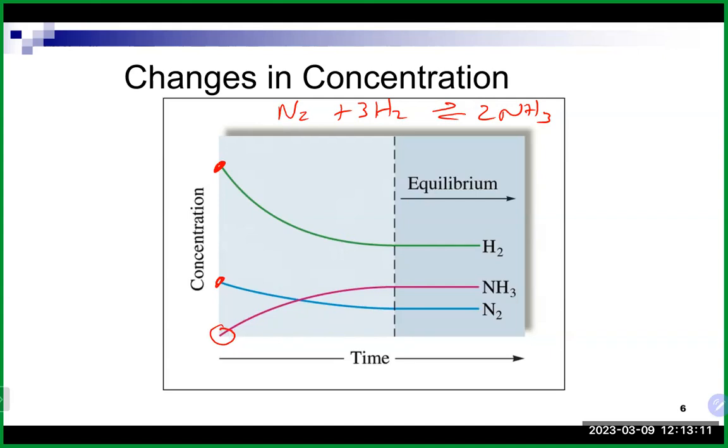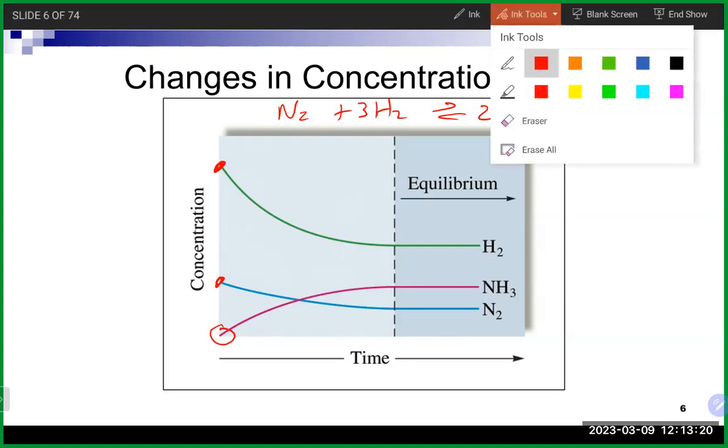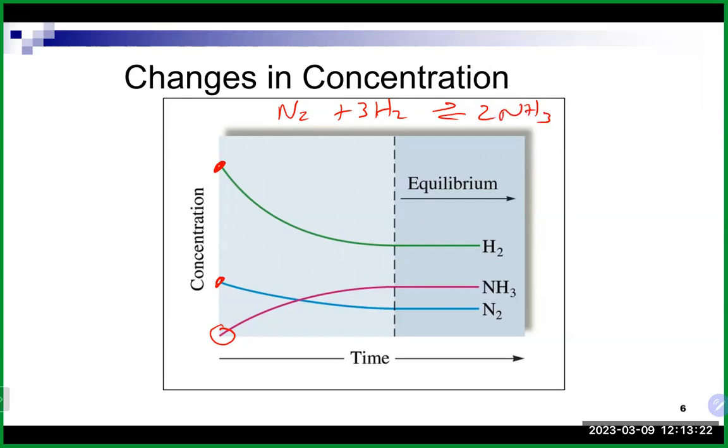Because at the very beginning, at time 0, it's all reactants, no products, the only thing that could occur at the very start of this reaction is the reaction has to head in which direction? The reaction has to head towards the product side, right? Because all we have are reactants, which means they're going to start reacting. That's going to decrease the amount of reactants, which is what we see in this graph. It should also start to increase the amount of products that we're making.